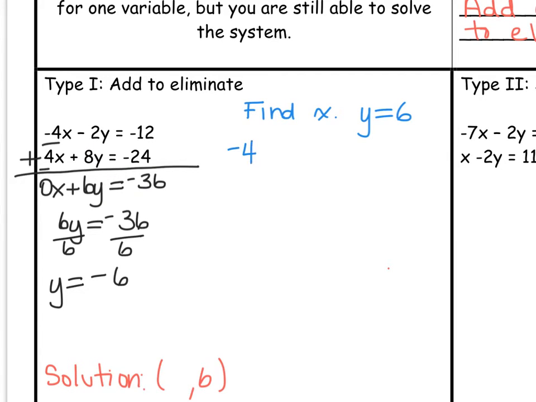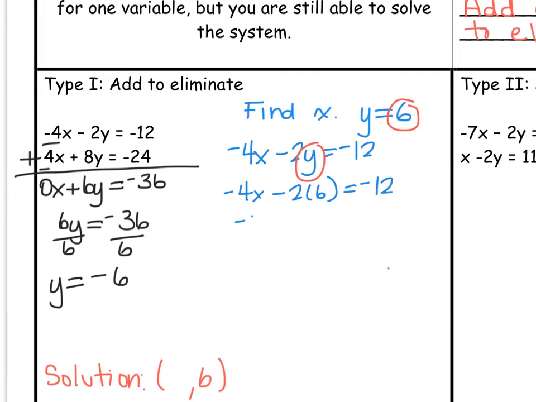So -4x minus 2y equals -12. I'm going to take out y, and I'm going to plug in -6. So I get -4x minus 2 times -6 equals -12.